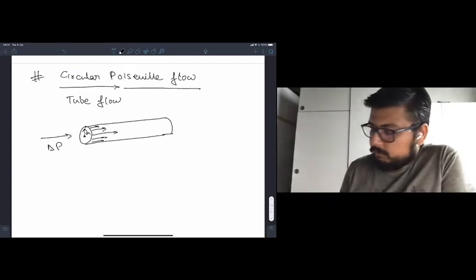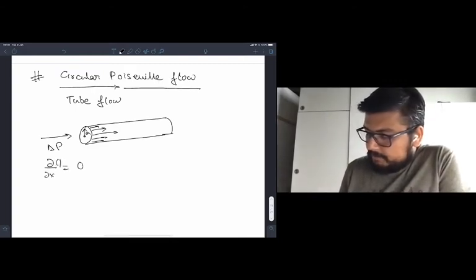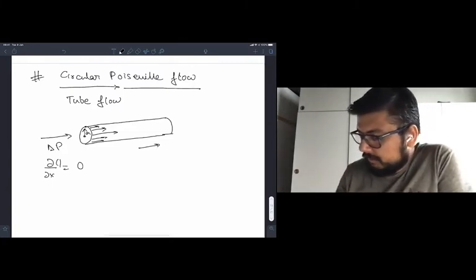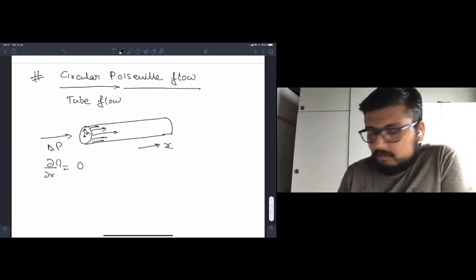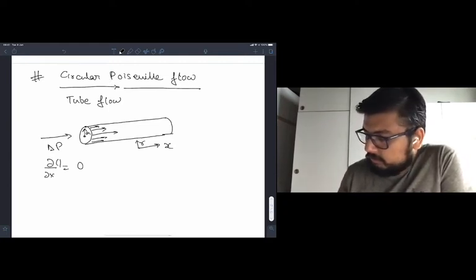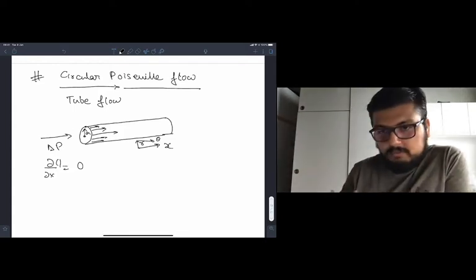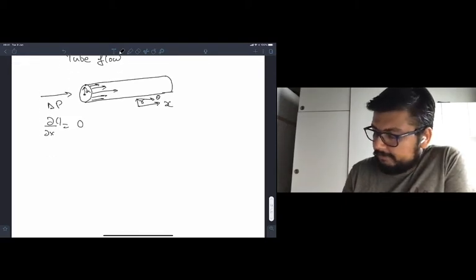Of course, we are going to again take an assumption that the flow is fully developed, so it's invariant in the x direction. The x direction is this one. Furthermore, we are going to solve this equation in the cylindrical coordinate system. So we are going to assume an r, theta, and x coordinate system instead of the common Cartesian or xyz coordinate system.